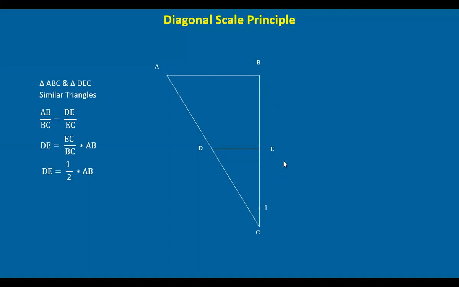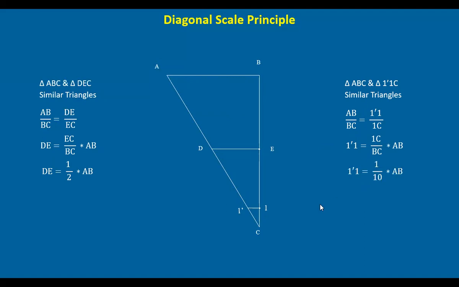Now, draw a horizontal line and mark it as 1 dash 1. Again, ABC and 1 dash 1 C are similar triangles. Applying the same principle, AB by BC is equal to 1 dash 1 divided by 1C. That is, 1 dash 1 will be 1C by BC into AB.